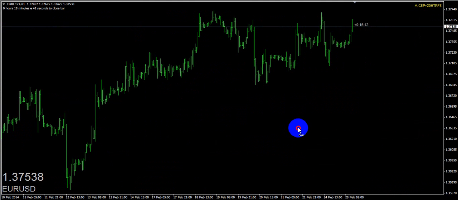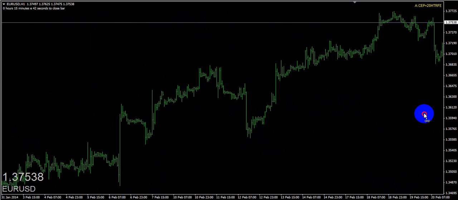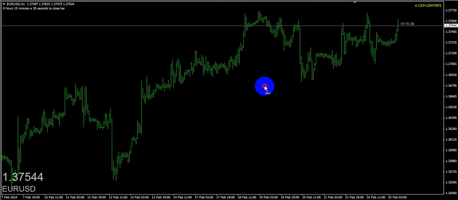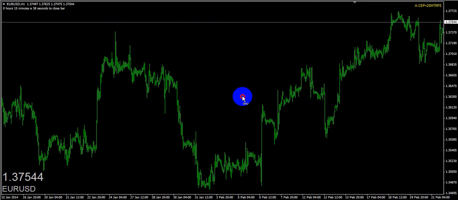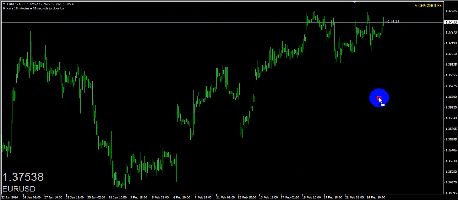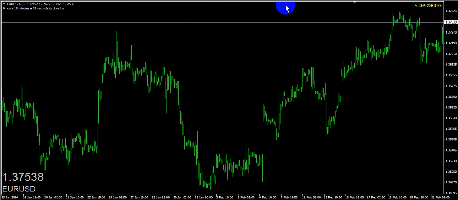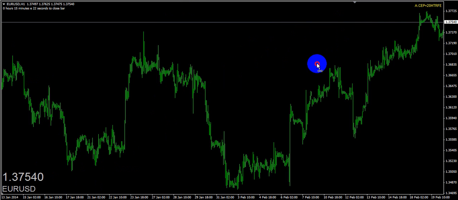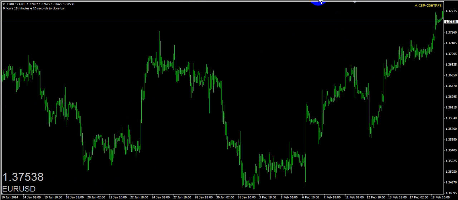On to the euro. Draw in the most major 3 points, low, high, and low, or high, low, high.